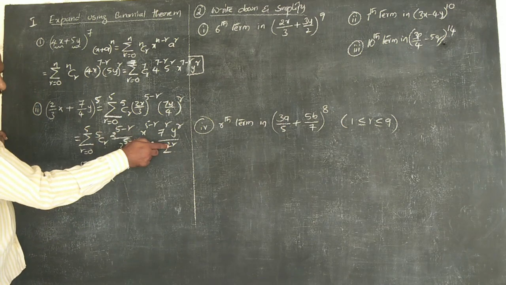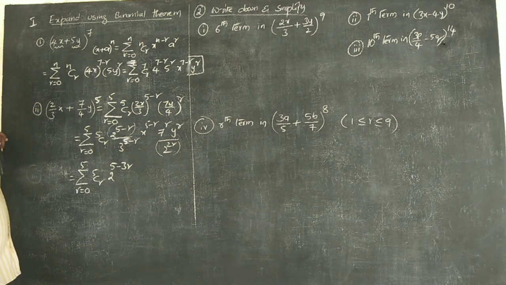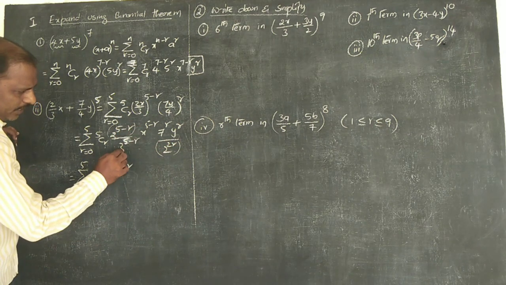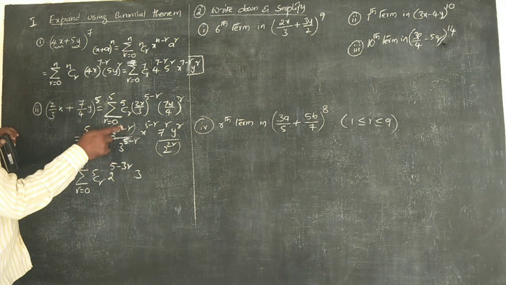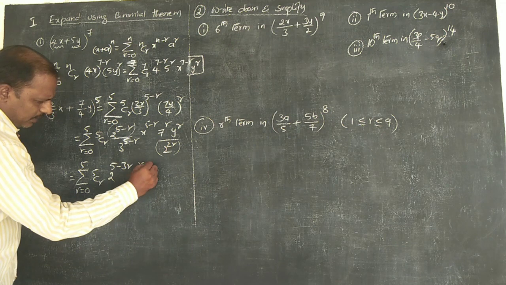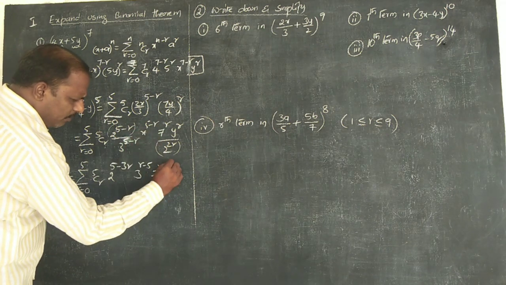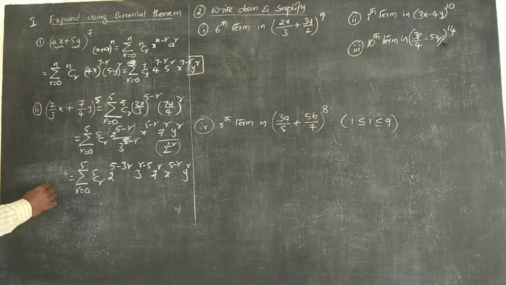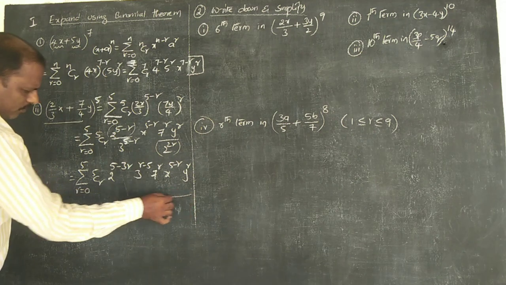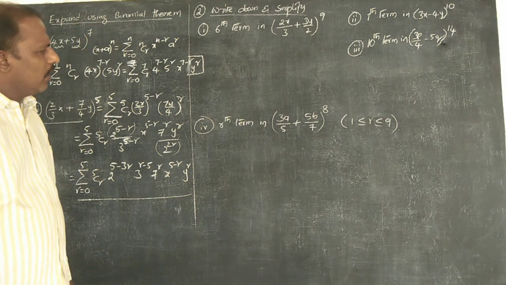Using a to the power of m minus n, and 1 by a to the power of m is a to the power of minus m, I can write it as r minus 5, 7 to the power of r, x to the power of 5 minus r and y to the power of r. This is the expansion of this. Is it clear? So this is expansion using the binomial theorem.